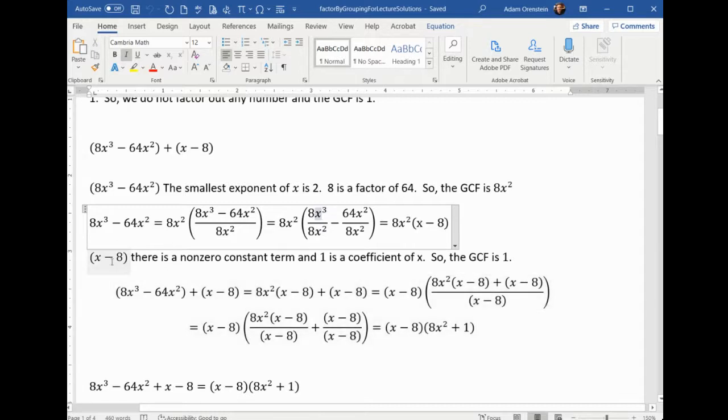Not to mention also, you can see that there's a coefficient of 1. So the greatest common factor among the coefficient and this constant term is going to be 1. There's also a non-zero constant term, so the smallest exponent of x is 0. So the GCF is going to be 1 times x to the 0, which is just 1.